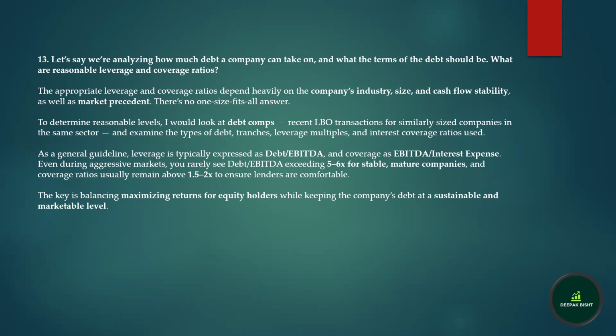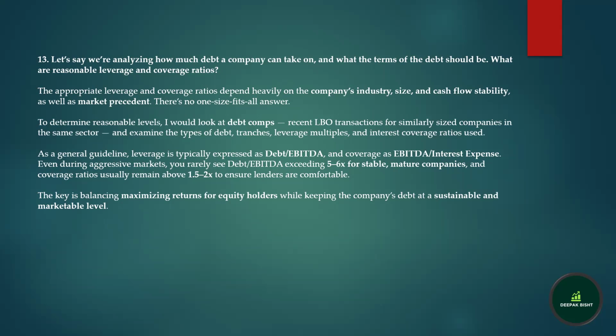Okay. So, reasonable leverage and coverage ratios depend heavily on the company's stability, cash flow profile, and what the credit markets are currently allowing. In practice, you look at recent leveraged loans and high yield issuance for comparable companies to determine what lenders are willing to underwrite.